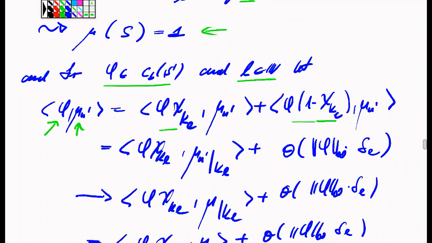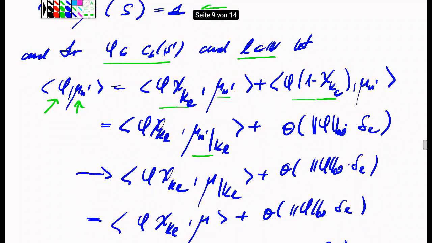Now, mu n prime, when integrated against a function which has an indicator on the set KL, is just as good as if we restrict the mu n prime to the KL subset. This is the first little remark that we make.